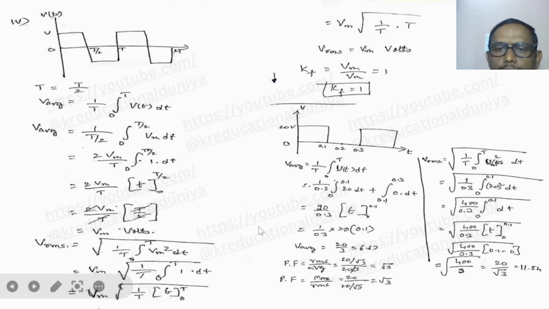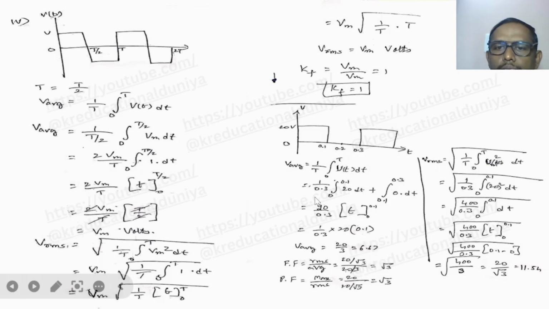So here V average equal to Vm by 3, so 6.67. Otherwise you can do the derivation: 1 by 0.3 integral 0 to 0.1, because we are taking the limits from 0 to 0.1, and from 0.1 to 0.3 the value, if you take the integration, will become 0 only.